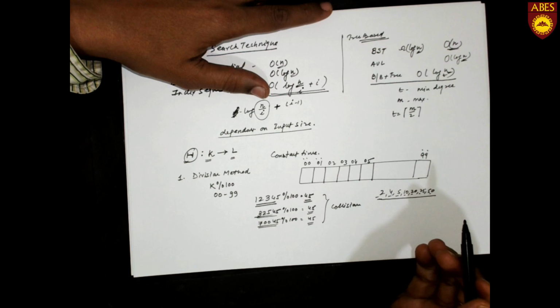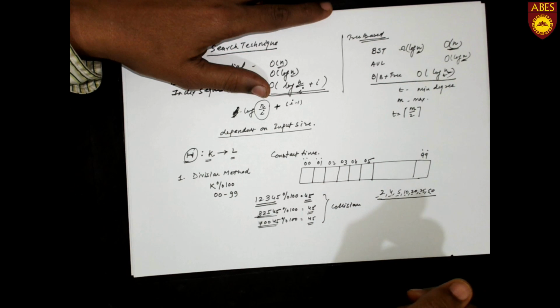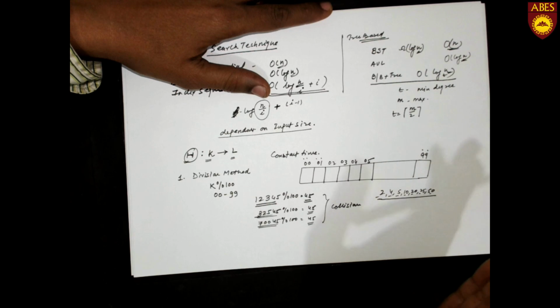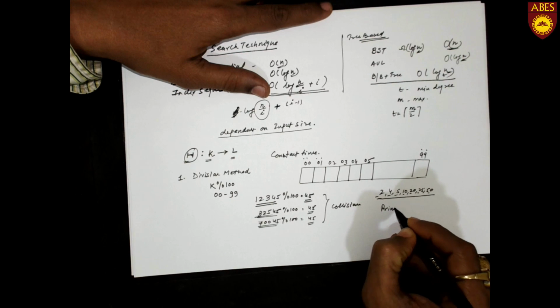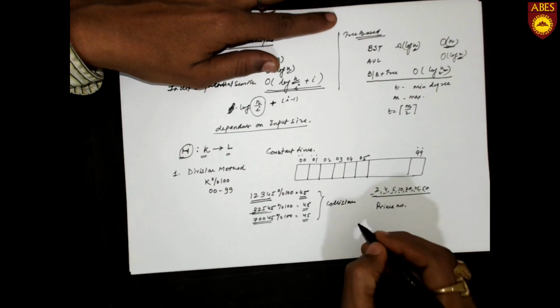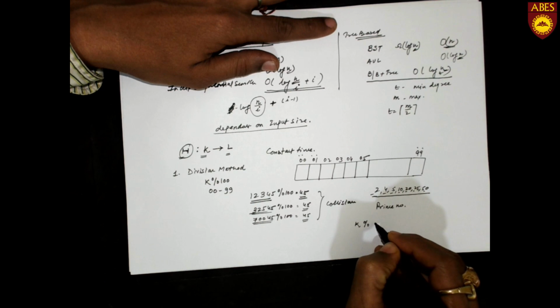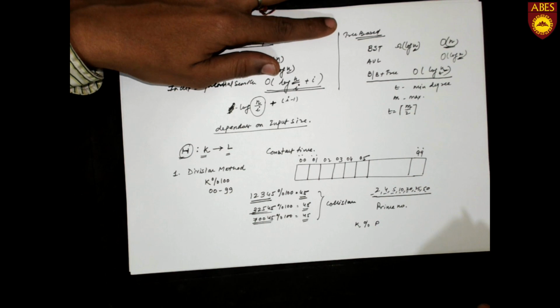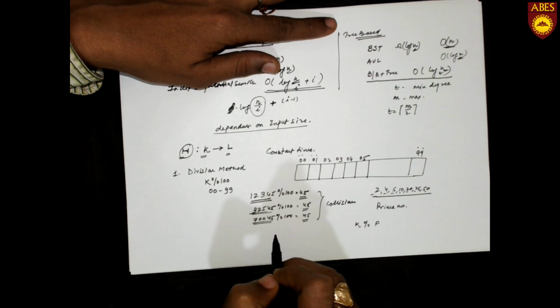So we try to find a number for the division which has the least factors. We will find a number that has the least factors, and that actually is a prime number. So if I divide my key value with a prime number, let's say the prime number is P, then we will have the least chance of collisions.